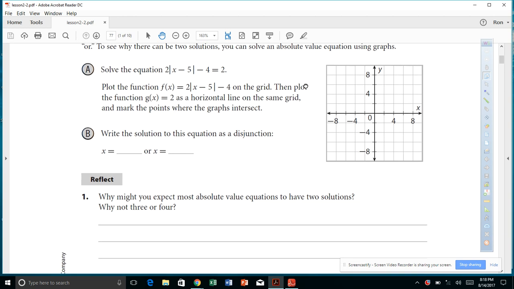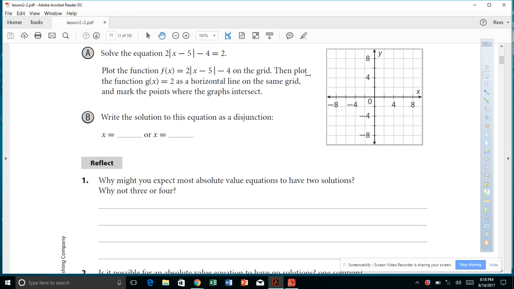So A here, solve the equation 2 times the absolute value of x minus 5, minus 4 equals 2. Plot the function f of x equals 2 times the absolute value of x minus 5, minus 4 on the grid. Then plot the function g of x equals 2 as a horizontal line on the same grid and mark the points where the graphs intersect.